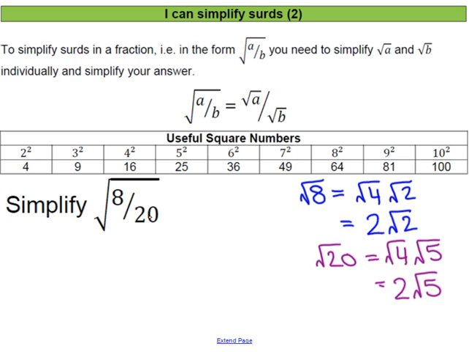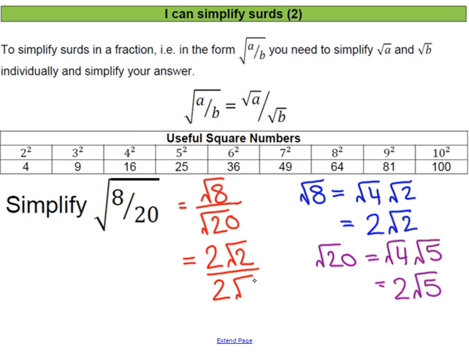So the square root of 8 over 20, well, that is equal to the square root of 8 over the square root of 20. And I'm then going to start to simplify that down. Root 8 is equal to 2 root 2, divided by 2 root 5.